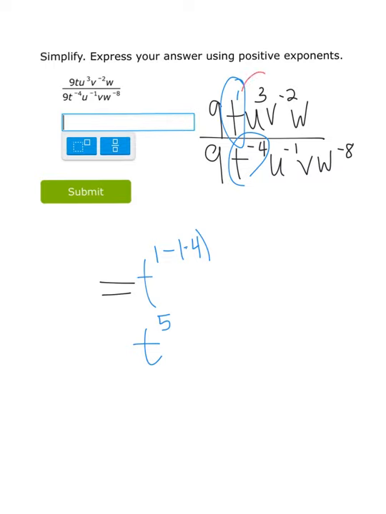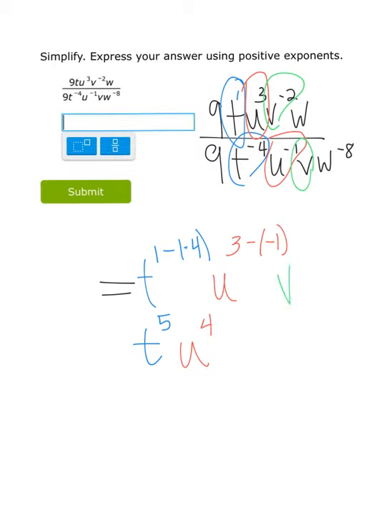And then let's move to the u's. So I have u to the 3rd divided by u to the negative 1. So I would end up subtracting 3 minus negative 1. So this would become u to the 4th. And then I have the v's. V to the negative 2 divided by v.